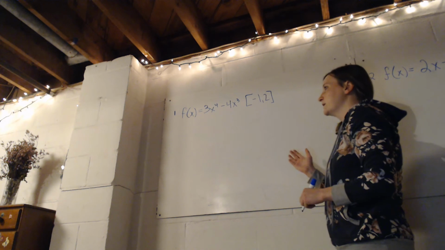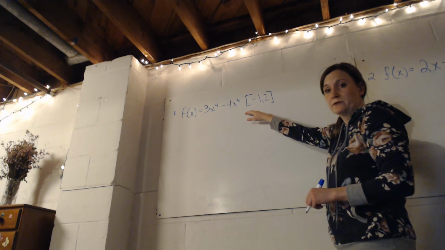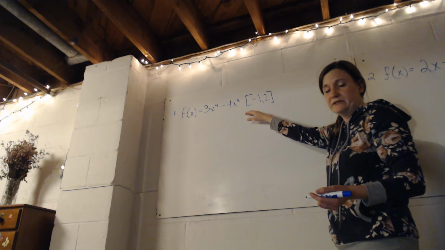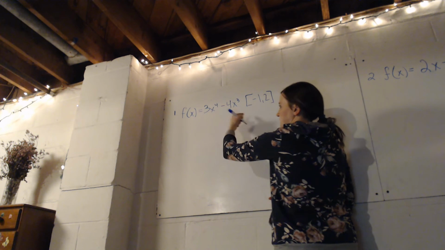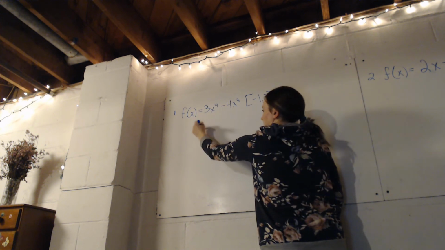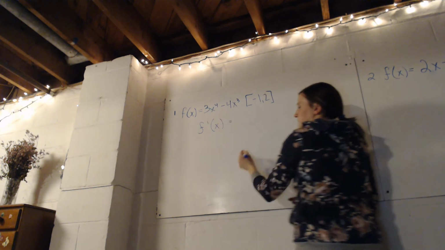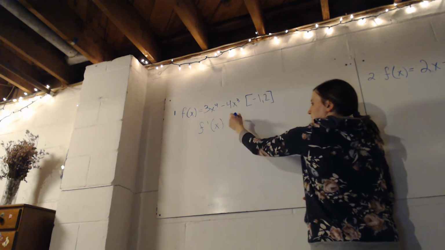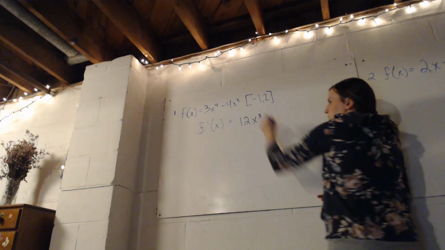So step 1, I want to take the derivative of this function and find the critical points, the places where the derivative is 0 or undefined. So the derivative of the function, this is a nice and easy function. I can use the power rule, right? So the derivative is equal to, the derivative of 3x to the 4th power is, I'm going to take that power and multiply, so it's going to be 12x cubed.